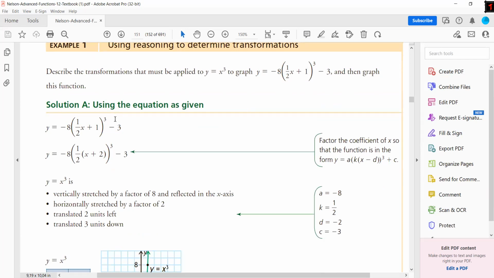So first things first, when we are working with a description of a transformation, we have to bring the function that we are given to the general form that we learned. In this case, the general form is a times (k times (x minus d)) to the third power plus c.